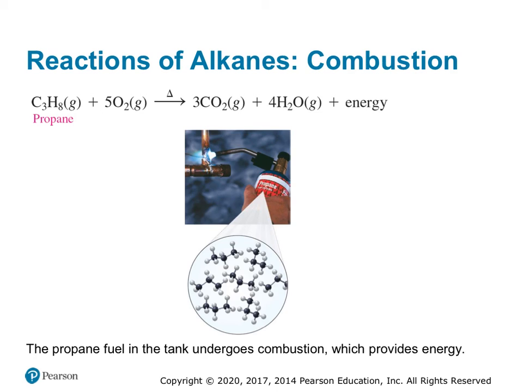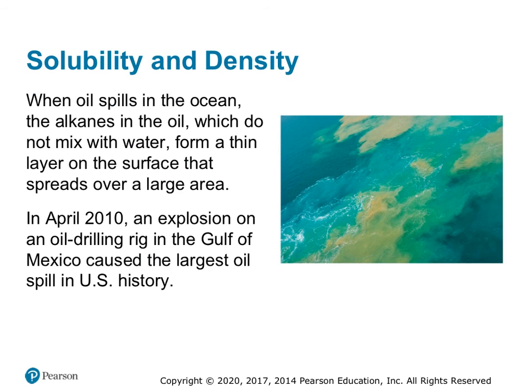If you'll recall from last year, combustion reactions are hydrocarbon compounds combining with oxygen, burning to release carbon dioxide and water, and then energy, of course. Here's a propane tank undergoing combustion, soldering this copper pipe. But remember, oxygen is a reactant, and carbon dioxide and water are the only 2 products.